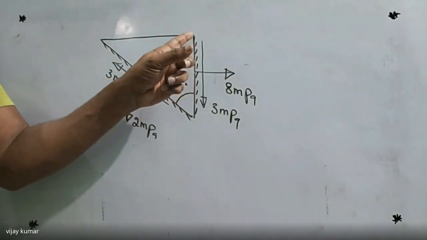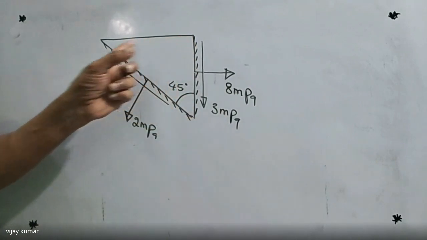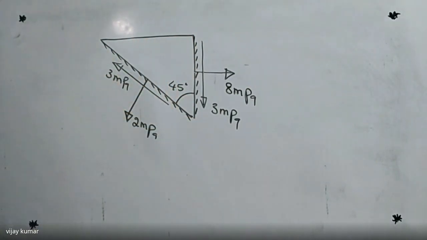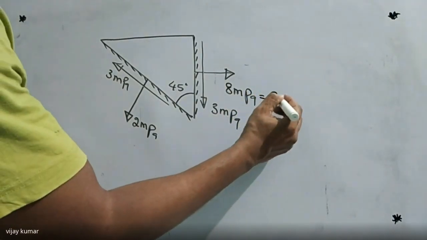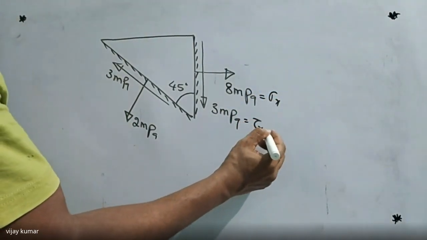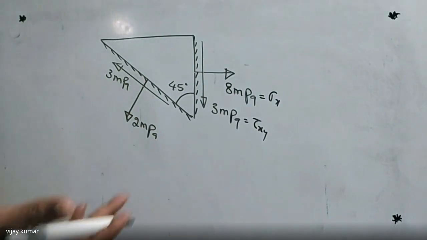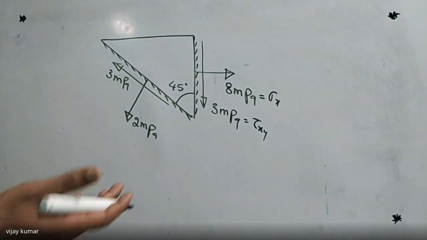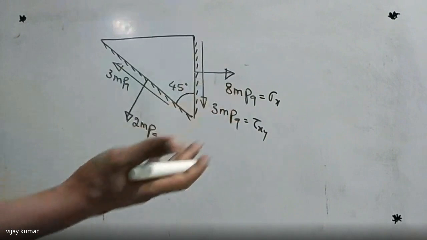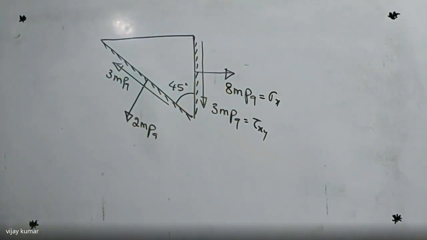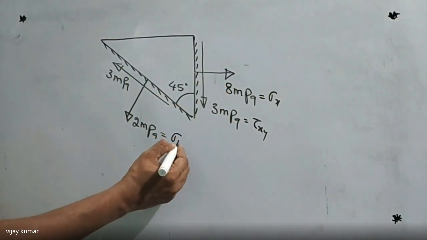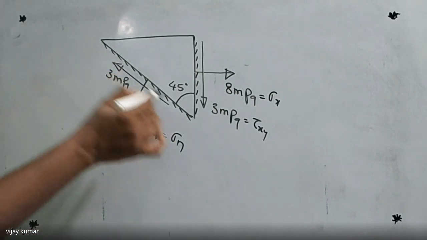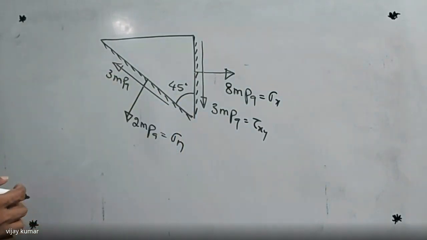This is the horizontal plane, this is the vertical plane. Can you find the value of sigma x? I'm writing this is the value of sigma x, this is the value of tau x. We don't know the value of sigma y. If you know sigma y, it becomes a biaxial shear case. Here the normal stress is given on an oblique plane, which makes an angle of 45 degrees with the vertical.